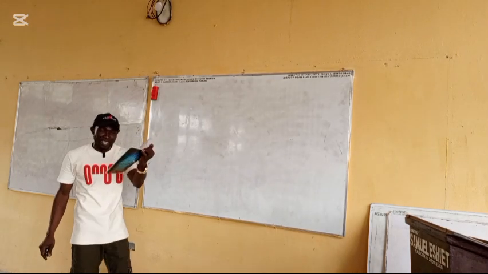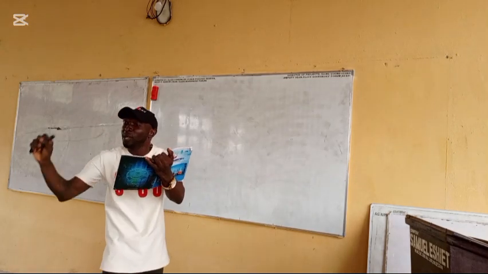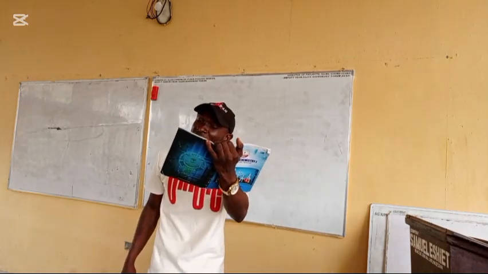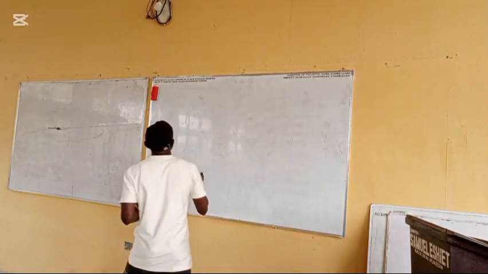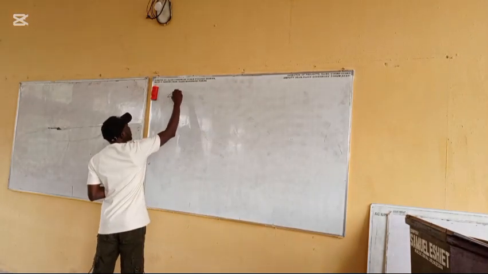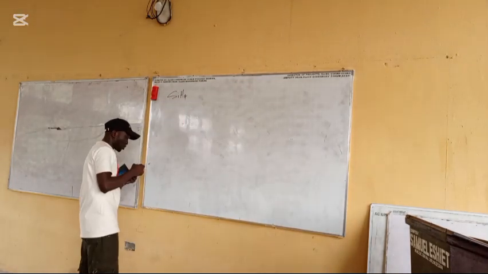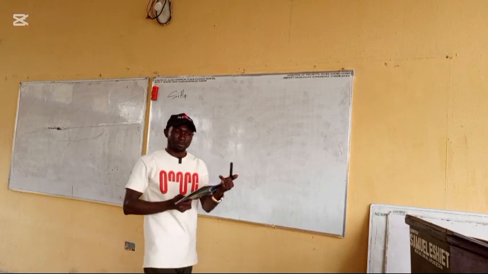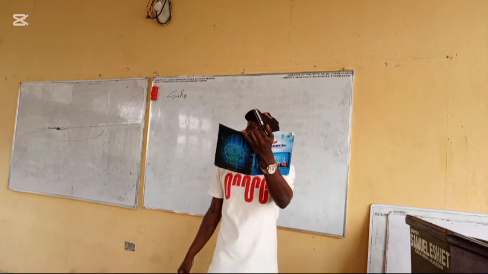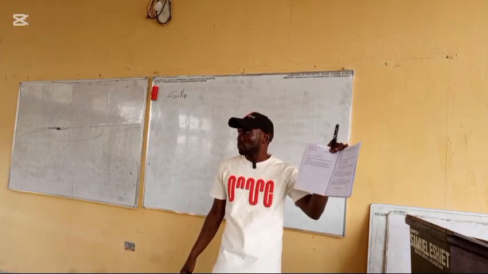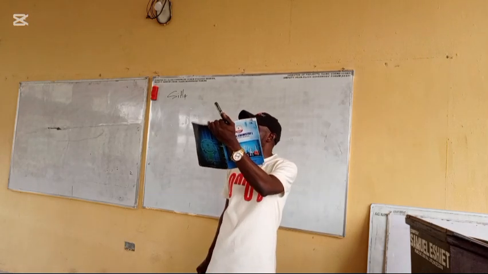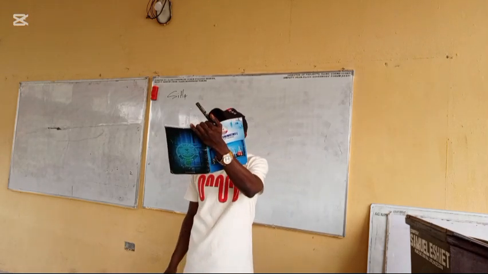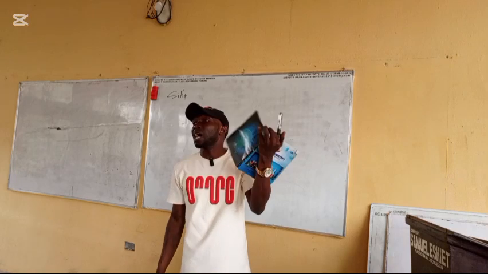The second question here says the empirical formula for the hydride of silicon is SiH4. Shh. And the central atom is silicon. Based on this information, you would expect the empirical formula for the hydride of tin to be dash.